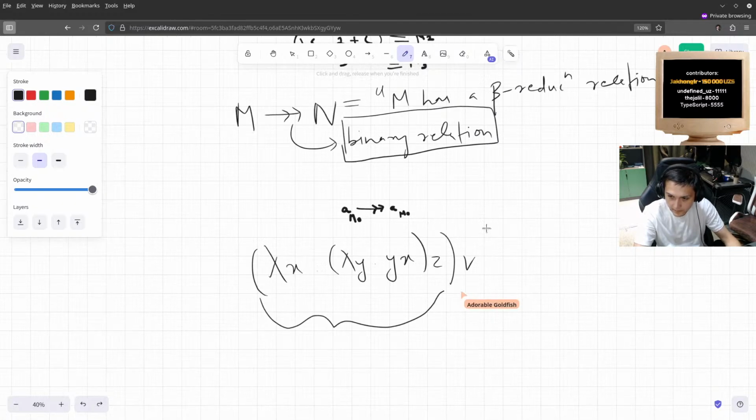So for this term, we have two chains, two roads, and both of those chains lead us to ZV. So what this means is that this lambda term has a beta reduction relation to ZV in two ways.